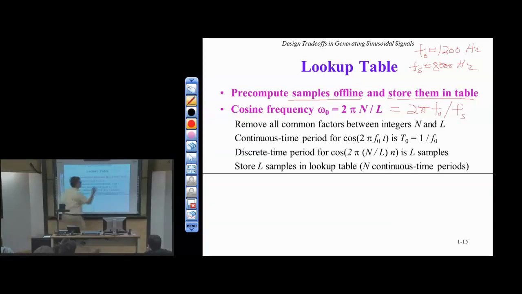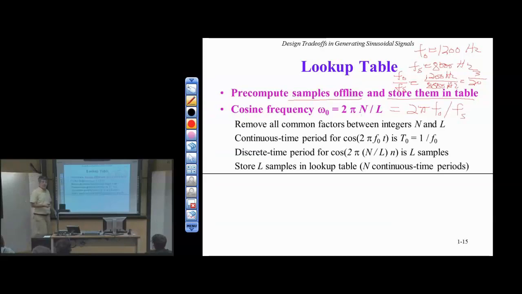So f naught over fs, we can finally reduce to 3 over 20. And so our capital N would be 3, capital L would be 20. So we can reduce this to a ratio of 2 relatively prime integers times 2 pi.